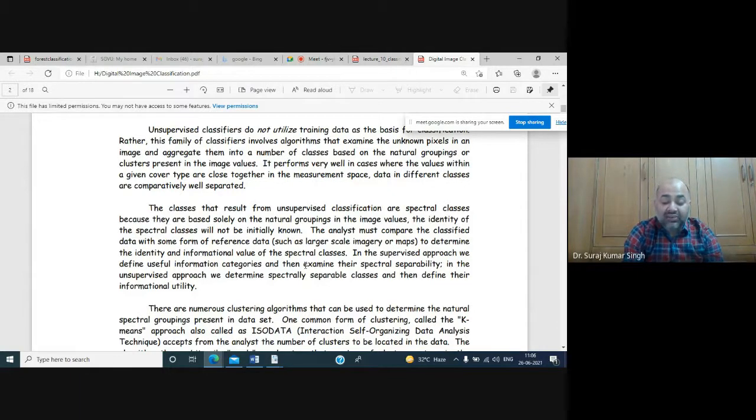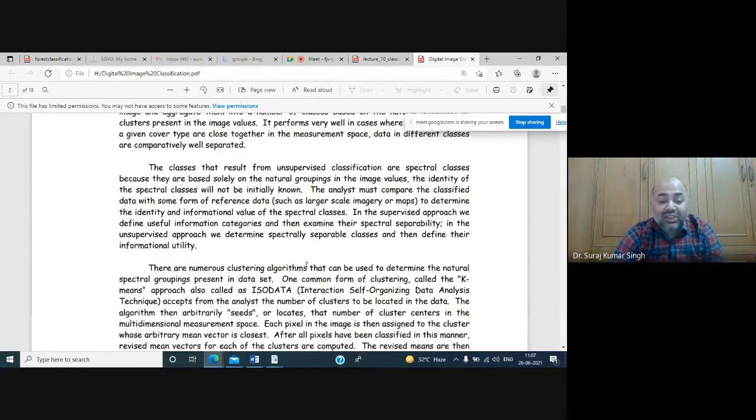You will be classifying the image, then using different algorithms, and the system will automatically rearrange the classes so that the classes with the same digital number or the same class value remain in the same group, and there can be differentiation of different classes. In unsupervised classification, we define useful information categories and then examine their spectral separability.